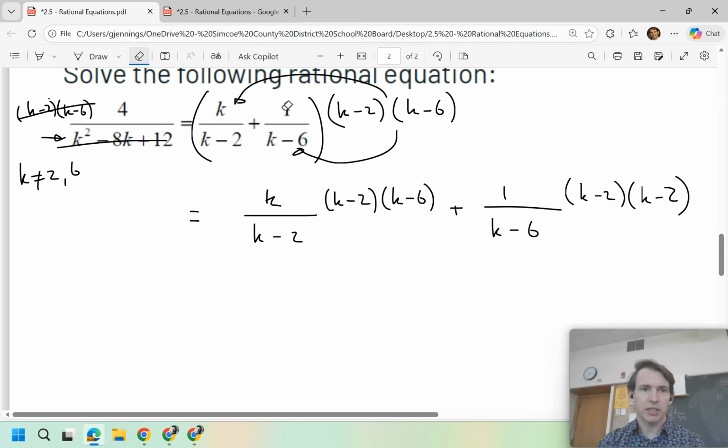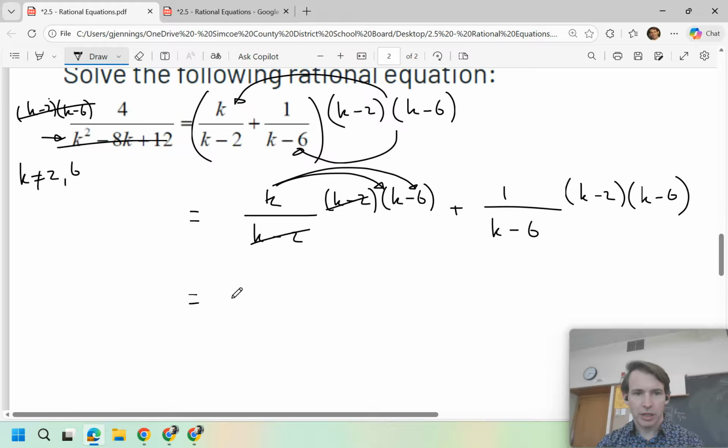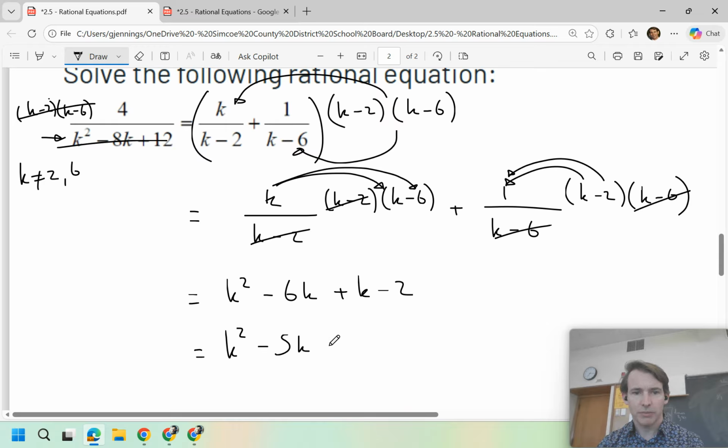Oops, that was supposed to be a 6. So what happens here is that this cancels that, and we distribute the k in that way. So we end up with k squared minus 6k. And then here, this one cancels this, and we distribute that one in. So it's like the leftover factor stays. So plus k minus 2. And you'll recall that's the same thing that we had on that side of the equation. Good.